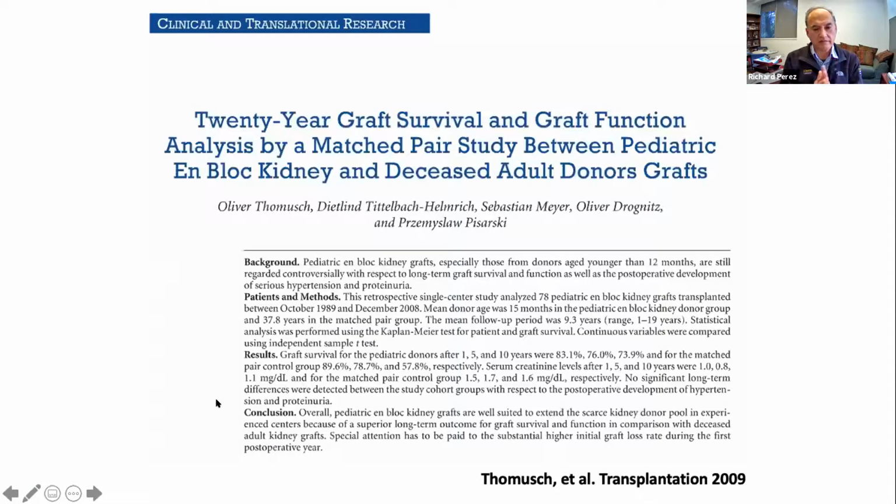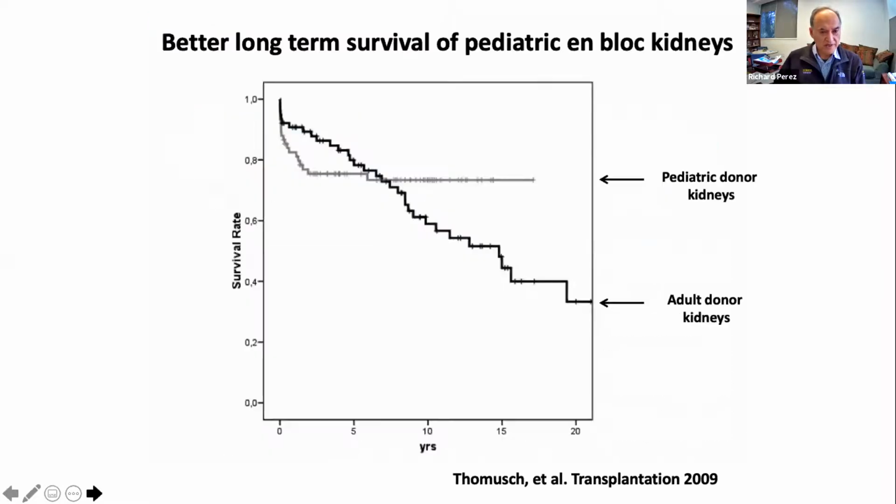Well, they're very healthy kidneys that do very well. And when you look at the long-term outcomes of these pediatric kidneys and compare them to adults, as was done here, this is an old paper, but they had long follow-up, 78 en bloc kidneys over, it looks like, a 20-year period.